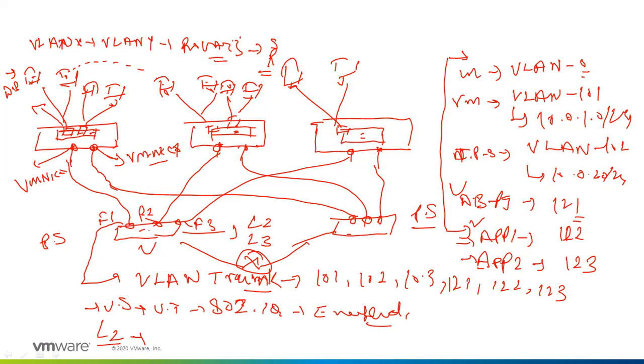Or if the routing function is on an L3 switch, then the L3 switch will work as a router and traffic will go back to the switch. Are we clear how the traffic moves in and out across the different port groups, or across the different ESXi hosts? This is how the communication happens.